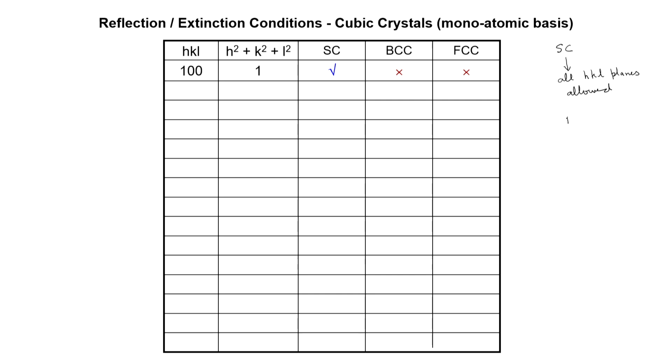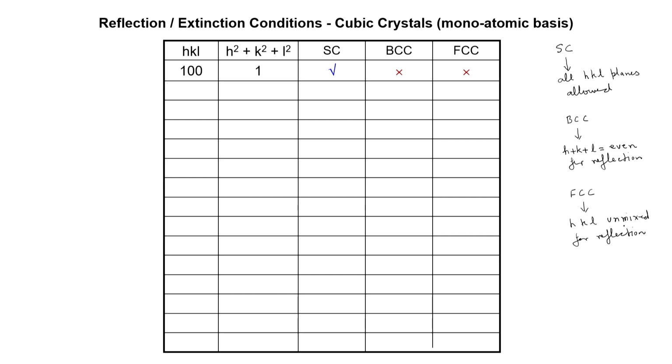For body centered cubic, for reflection to occur, h plus k plus l should be an even number. And for face centered cubic, h, k and l must be unmixed for reflection.